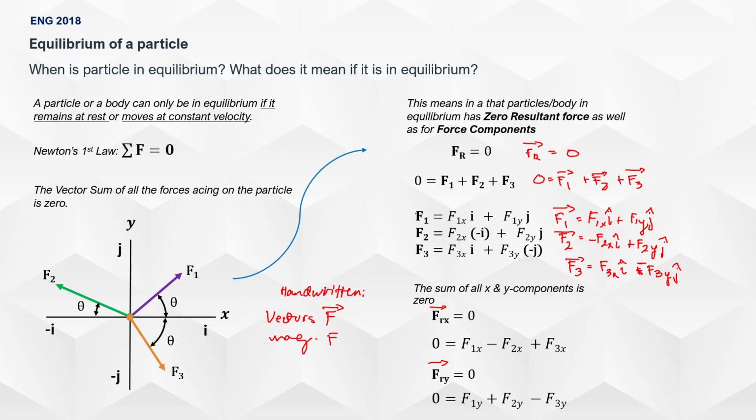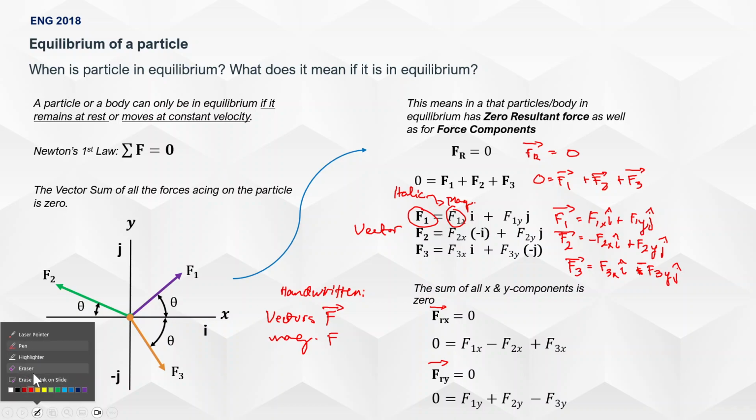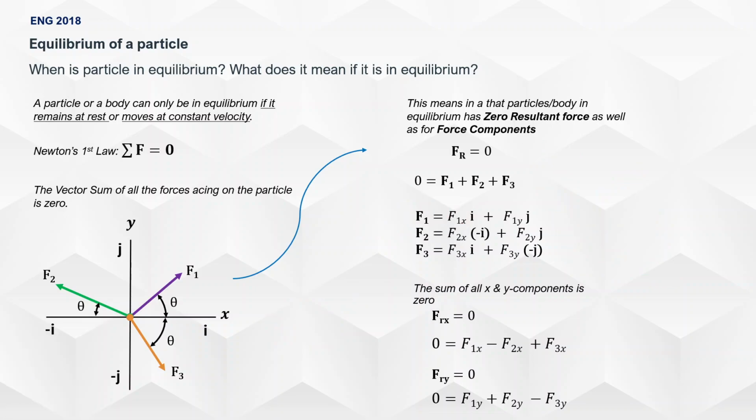If it's bold in text, that means this one is a vector. This one is its magnitude.